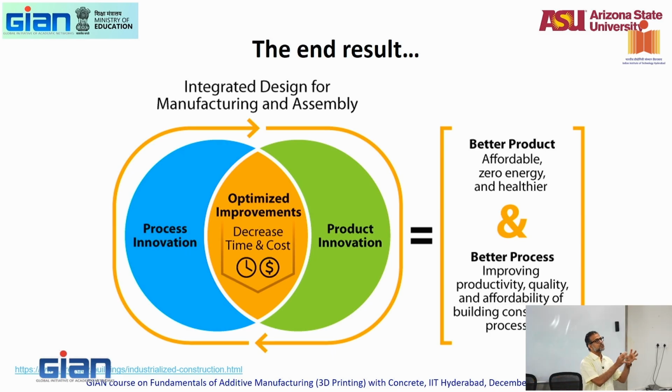Look at each of those as individual products, and ask how I improve the design, construction, and production of those individual products. That's the whole idea. And eventually, affordable, zero energy, healthier, improving productivity and quality. This is the big picture of where the industry eventually wants to grow.